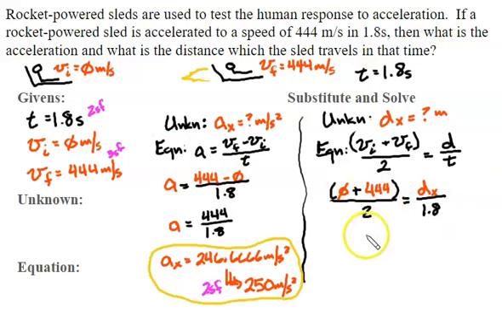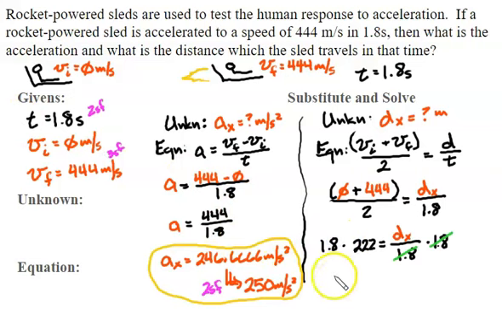If I solve the math on the left, I get 222 equals displacement in the x divided by 1.8. Now I can multiply the right side by 1.8, and I do that so that it cancels. But whatever I do to the right, I need to do the left as well.